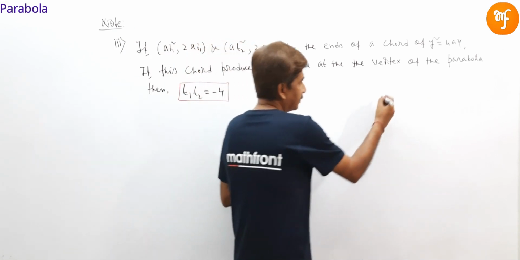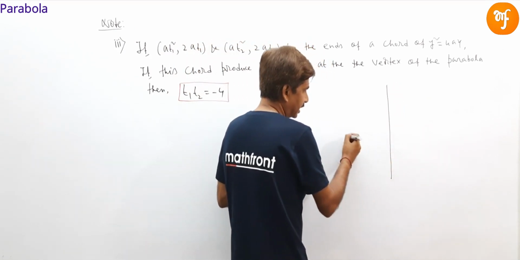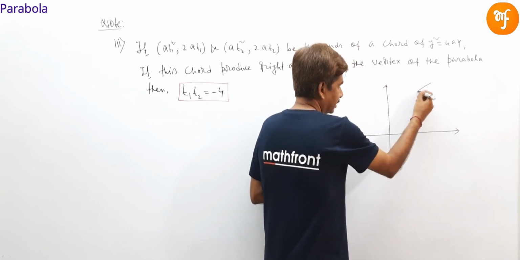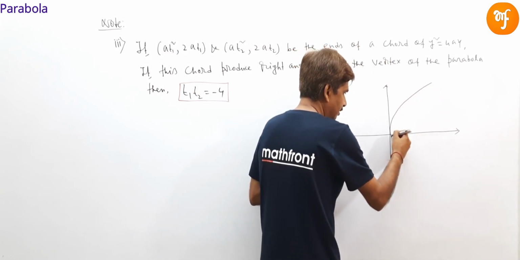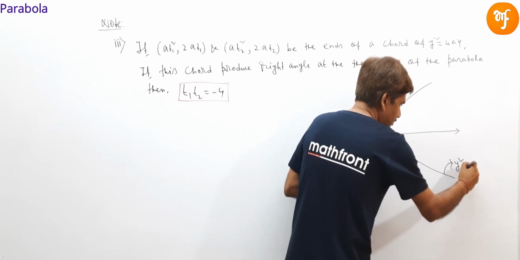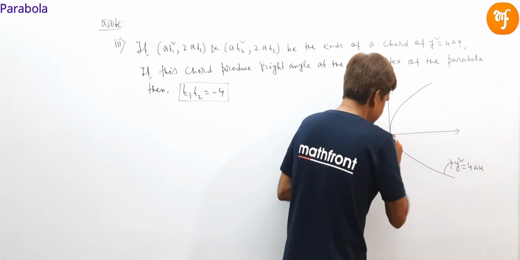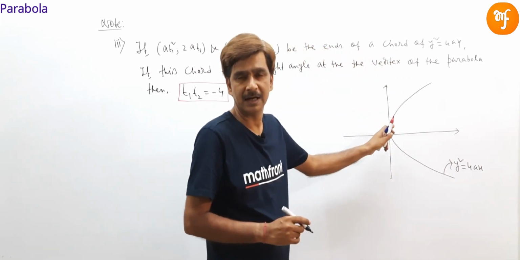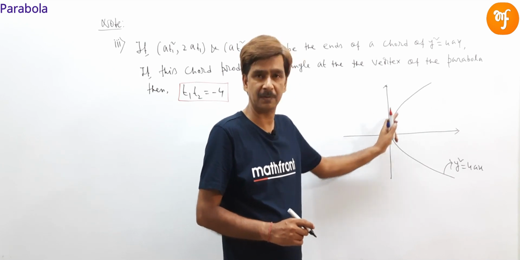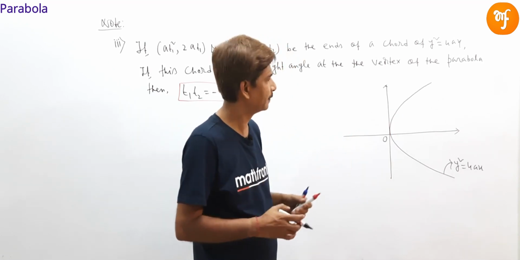So first of all, we'll draw the diagram. This is the parabola whose equation is y² = 4ax, and this parabola has its vertex at the origin, isn't it? So the origin is the vertex of the parabola y² = 4ax, we know it.